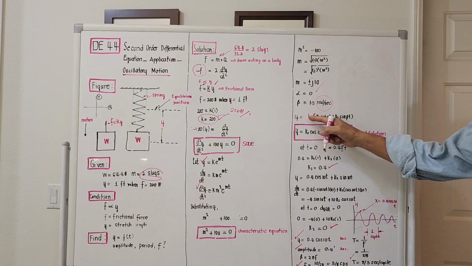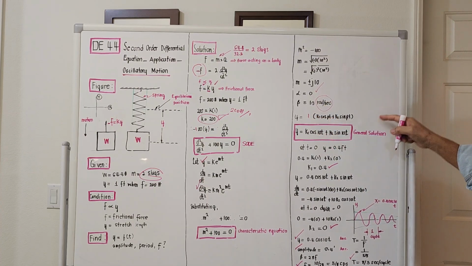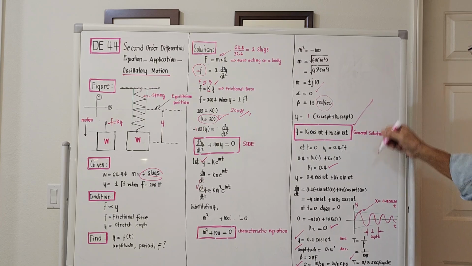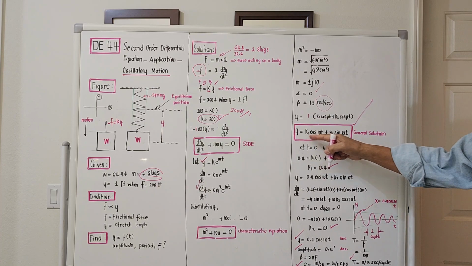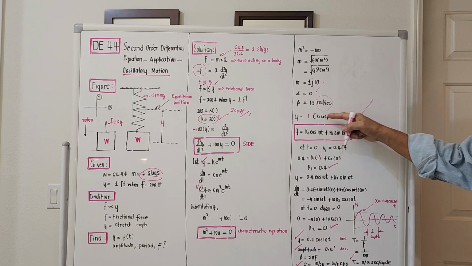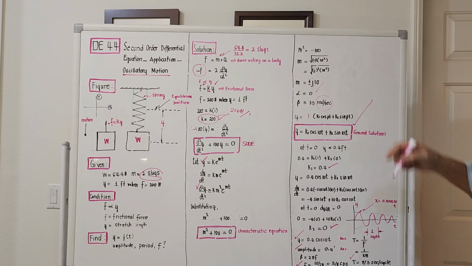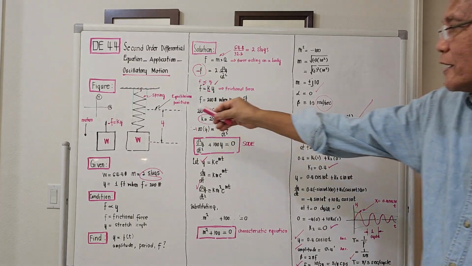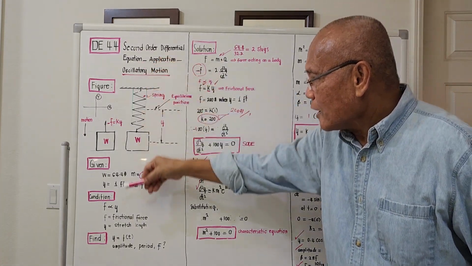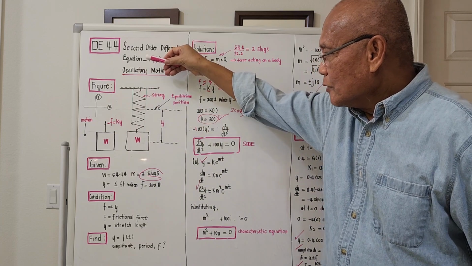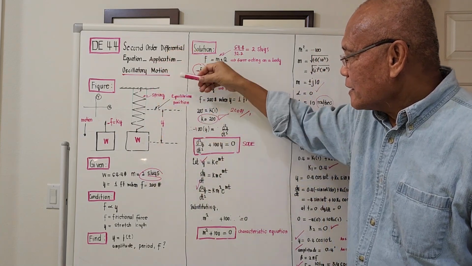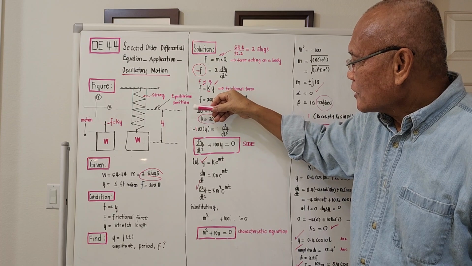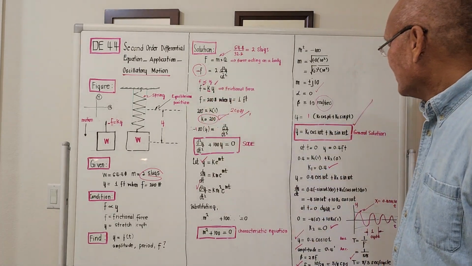Right? So 1 times this, it is this. That's our general solution now. y will be equal to k1 cosine of 10t plus k2 sine of 10t. This is now the equation of the motion of the spring as it moves down and up, until the time that it will stop, okay?